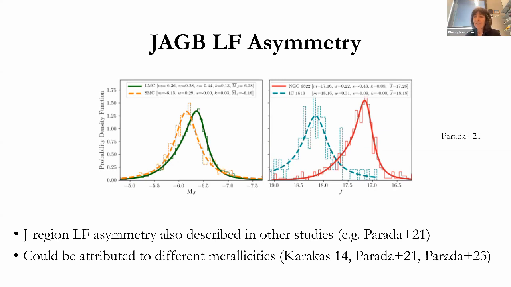And I think your first point about the J region and the JAGB name: when Barry and I named the JAGB method, it was, in a sense, analogous to the TRGB. The J region was identified by Nikolaev and Weinberg, who did their plot as K versus J minus K, and there's a slope to the JAGB stars.